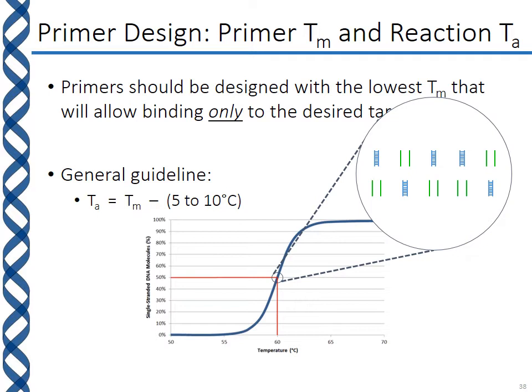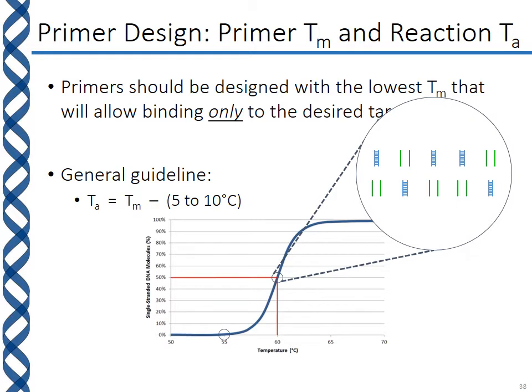So we see our example 10 strands of DNA, 5 of which are single-stranded and 5 are still double-stranded. So the double-stranded ones would represent the template DNA with a primer bound to it, whereas the single-stranded ones would be primers that can't bind to their specific locations.